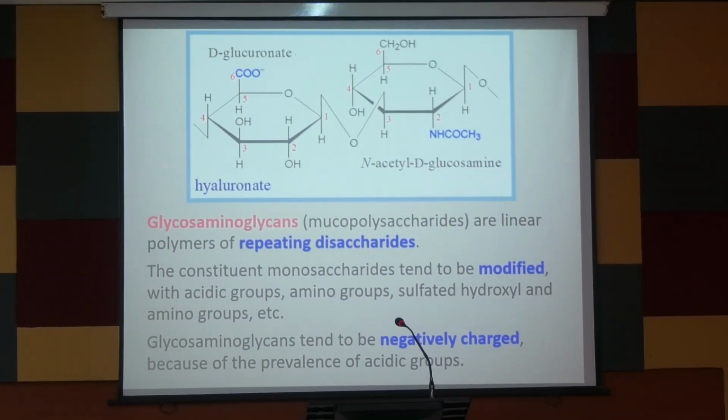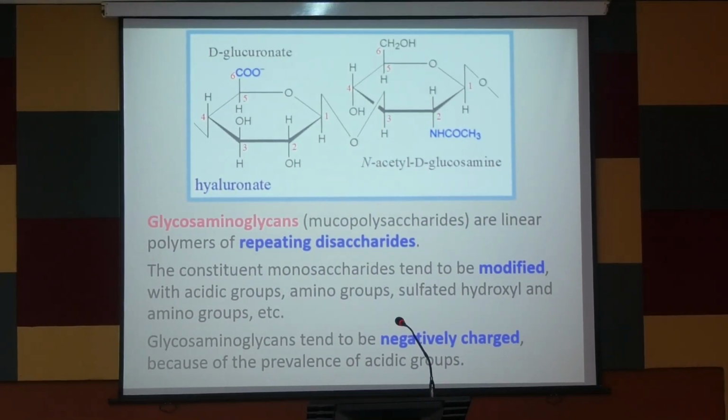Correct? Now, few of them can be sulfated, few of them may not be sulfated. Those which are sulfated are called charged mucopolysaccharides. Those which are not sulfated are called uncharged mucopolysaccharides. Charged means they are usually negatively charged. Sulfate is negatively charged. Uncharged means no charge. So, one example of uncharged mucopolysaccharide is hyaluronic acid.